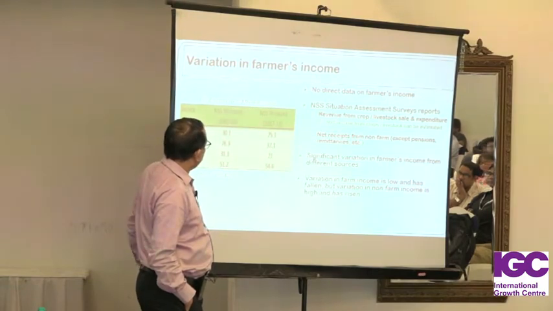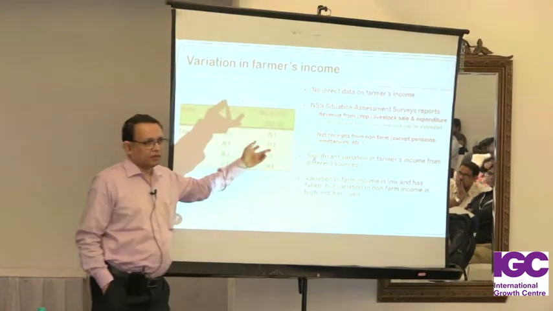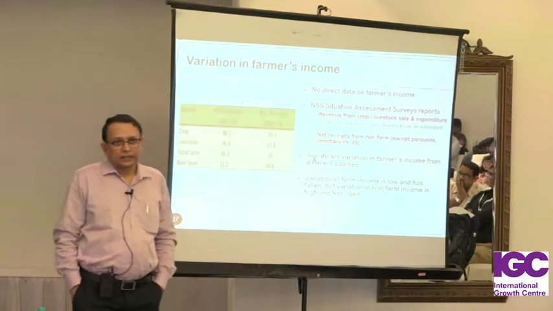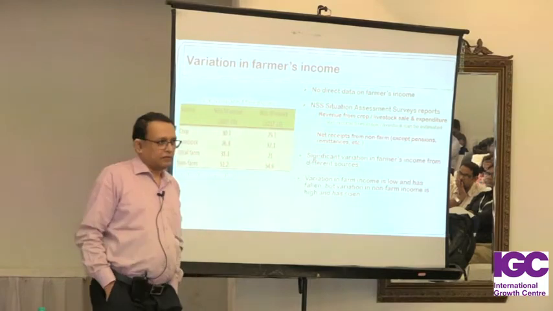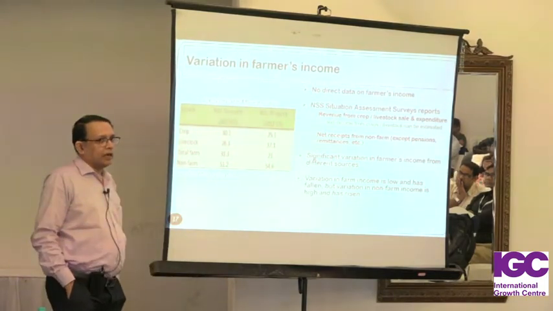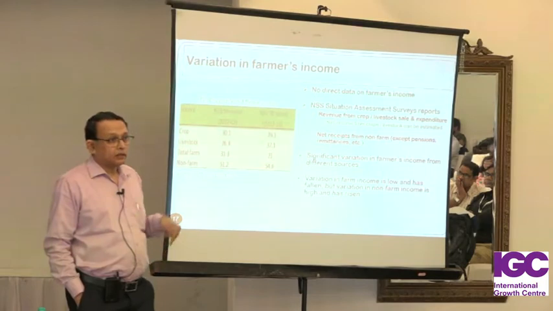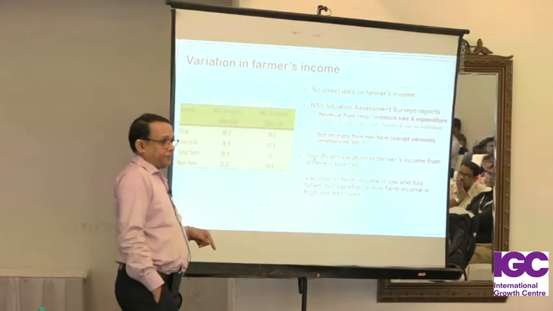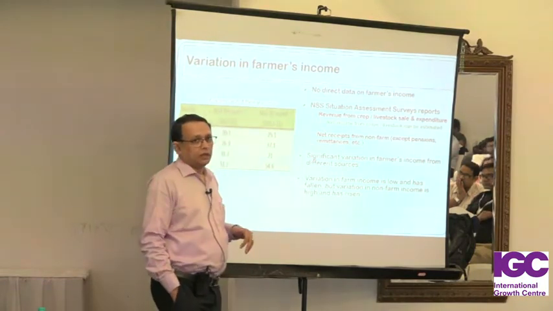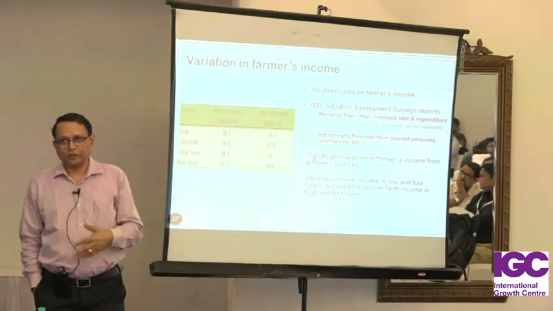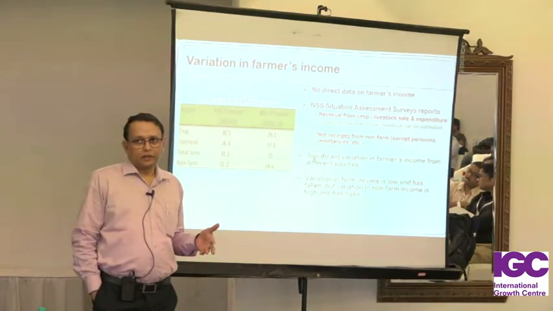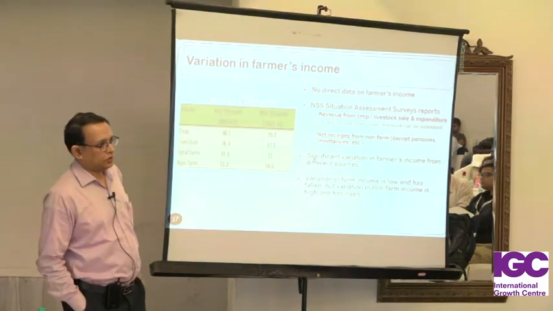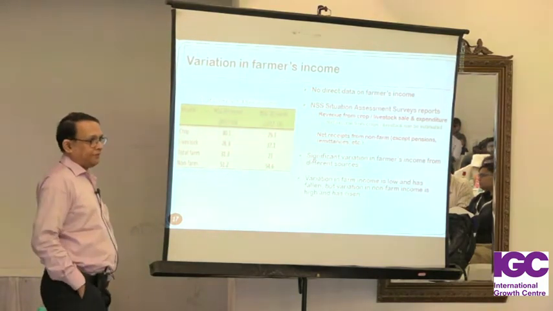You might be aware that there were these rounds for 2002-3 and 12-13. These are available publicly, and currently there is one situation assessment round going on, for the period July 2018 to June 2019.